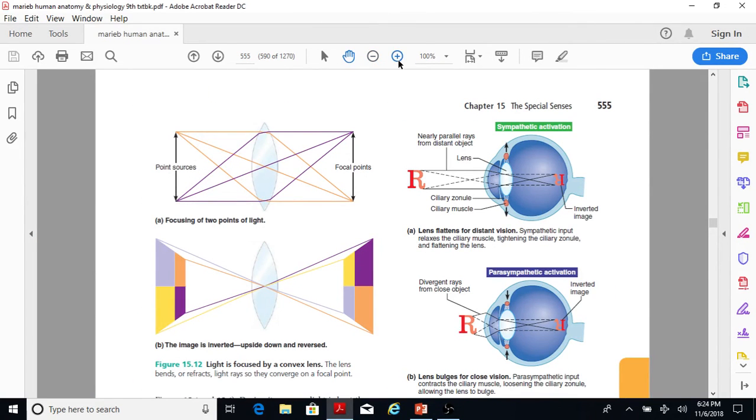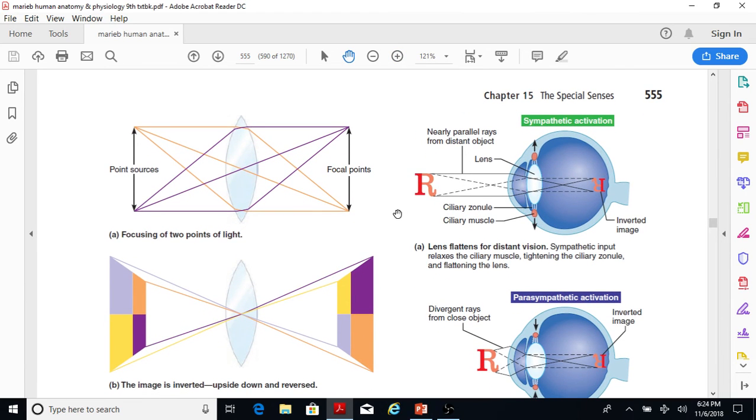Okay, there we go. So we're noticing when we look at any kind of light rays, when it crosses over the cornea and then the lens, remember we talked about how the lens and the cornea tend to bend the light because it's traveling through a different medium.